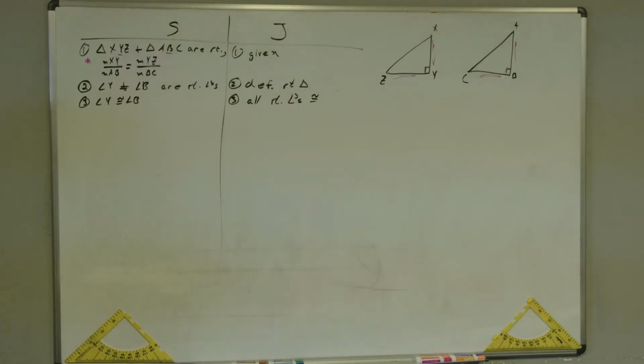So we got they're congruent. We've got the sides are proportional. What can we say now? They're similar. True enough.